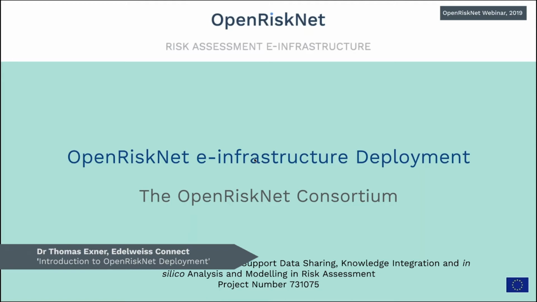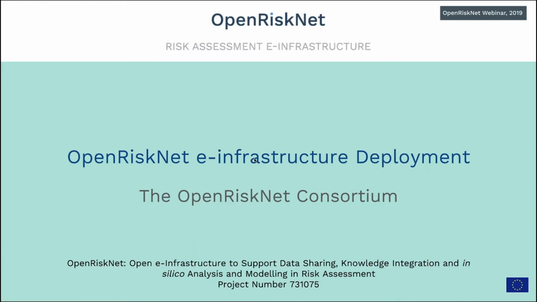As I said, this is really just one sentence. Perhaps it's complicated if you really didn't hear anything about OpenRiskNet before. But please visit our website, and I think then it becomes more clear.